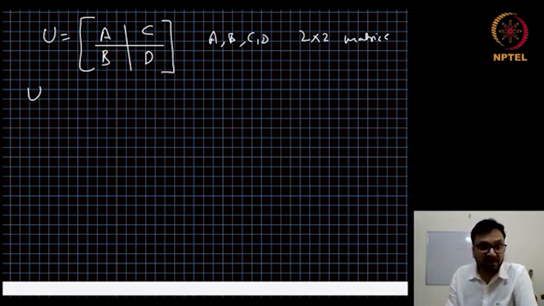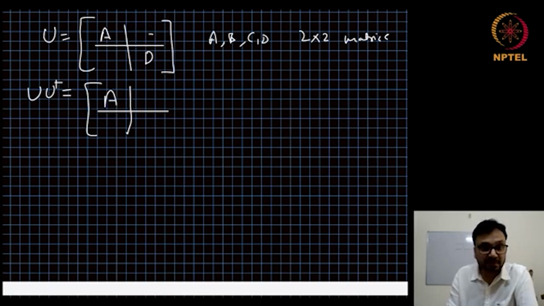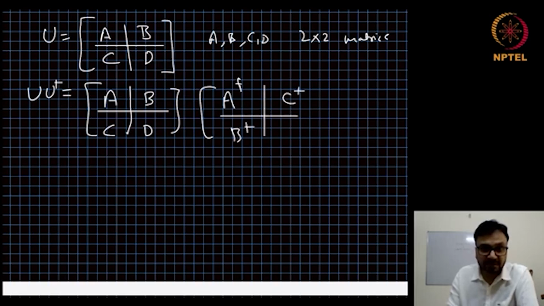So if U is a unitary, then U times U dagger, which is A, B, C, D times A dagger, B dagger, C dagger, and D dagger.